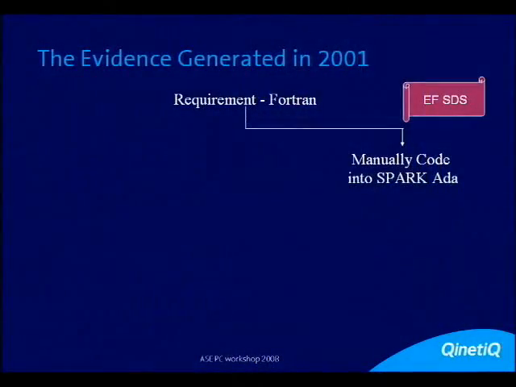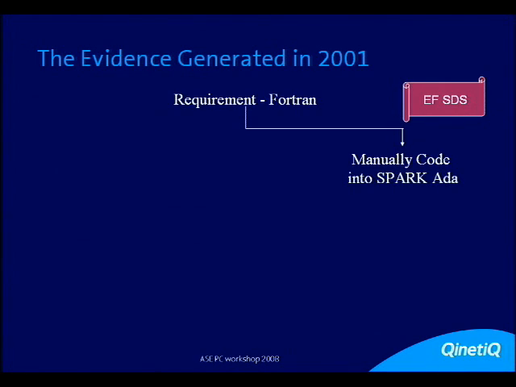So this work came from assessment of third-party software for Eurofighter. Now, the requirement for the control system, the flight control system for Eurofighter, is expressed in Fortran. And because of how long it's taken to develop the aircraft, it's a legacy situation.